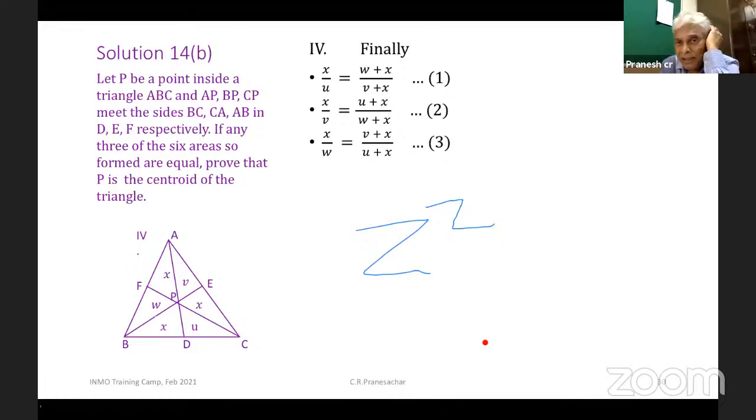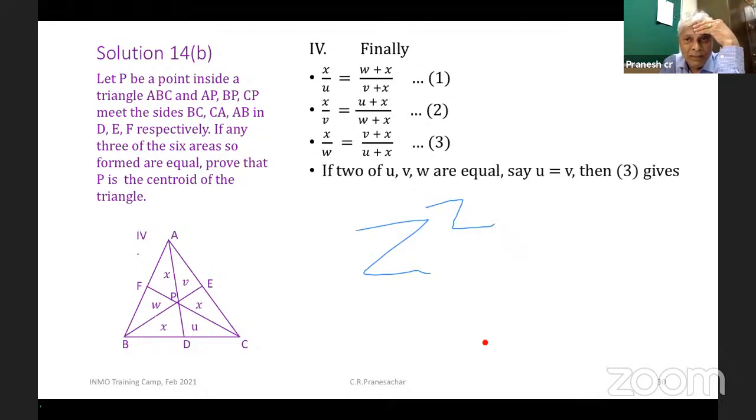It's a linear equation in X, because the X squared term gets cancelled. So X can be expressed in terms of UVW. In fact, if you multiply all the three, X cubed is equal to UVW. So use that and manipulate somehow. I think you will be able to get it.